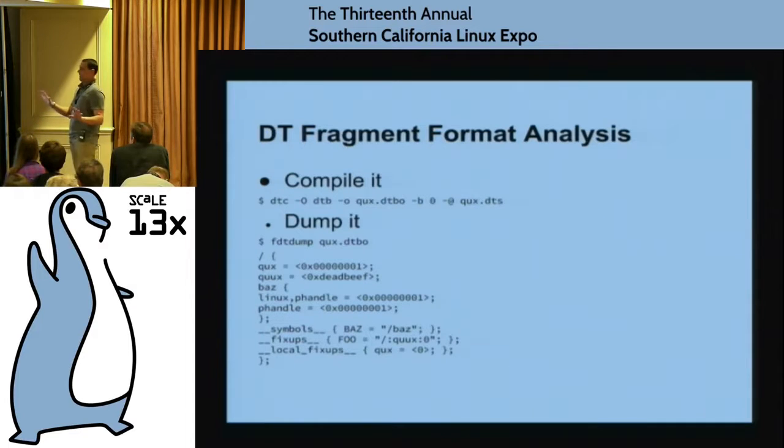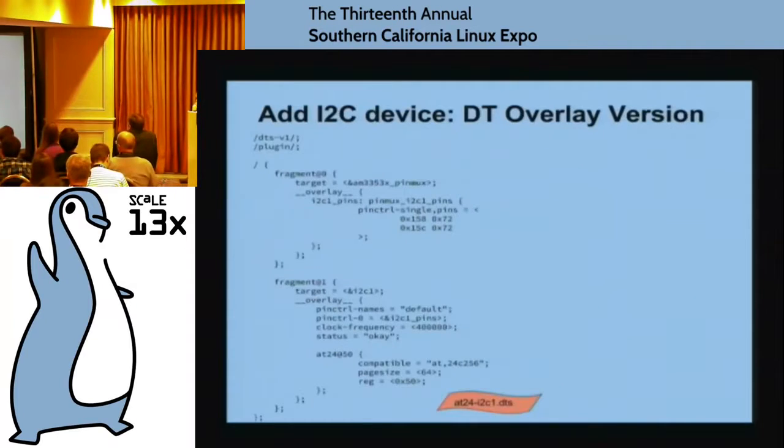Okay, so that's so you can see how this works. Something that can't resolve, you have that in the DTBO, and then the kernel can go through that list and resolve against the live tree anything that's in that fixups area. And you can see that the local fixups are noted as well, right? So qux was actually resolved within that fragment.